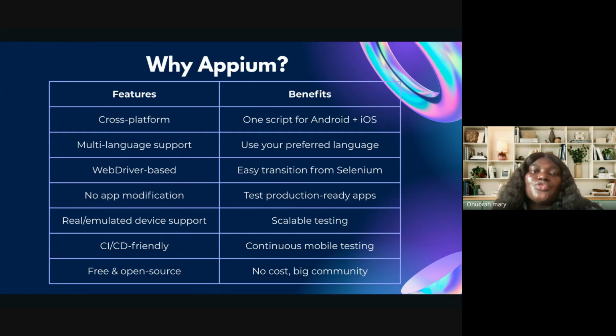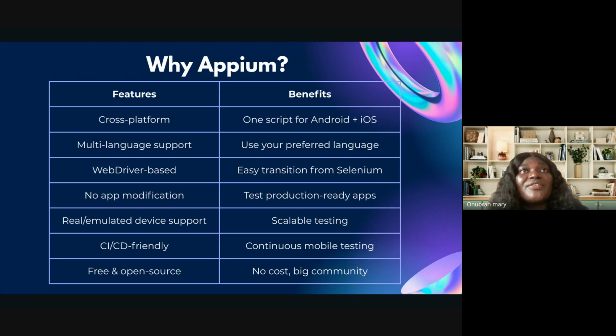So why should you use Appium? I just listed some of the features and benefits that it has. Appium is cross-platform. I think I already mentioned it earlier. It supports Android and iOS, which are basically the two platforms that we have for mobile. And it has multiple language support, so you can use any of your preferred languages.